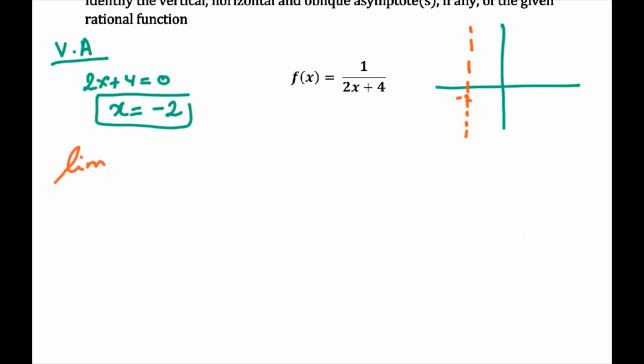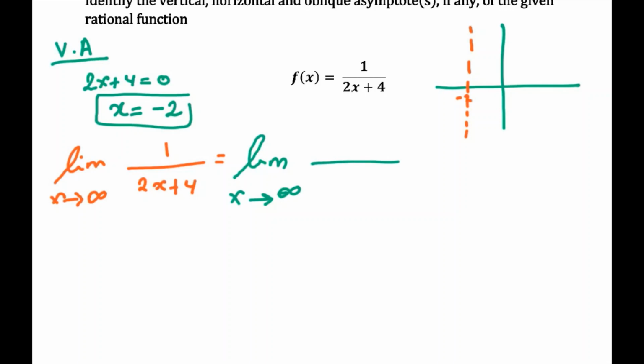So, limit as x approaches infinity. Now divide the numerator and denominator by the leading variable in the denominator.